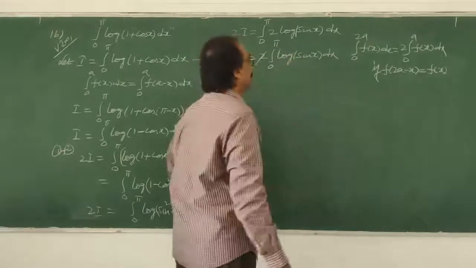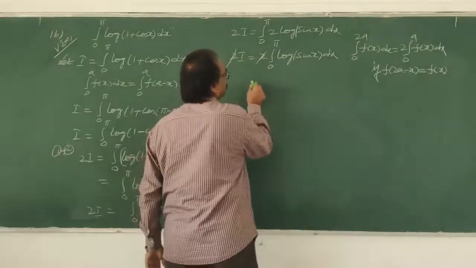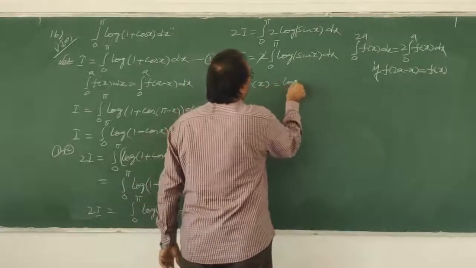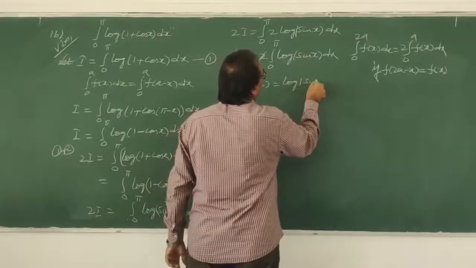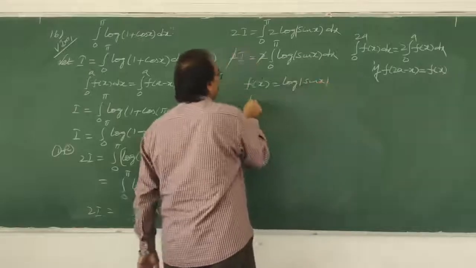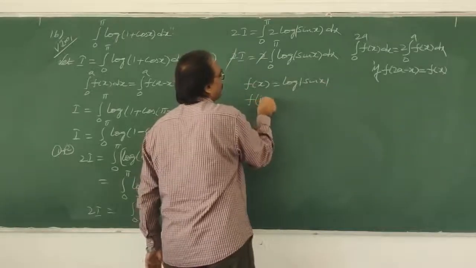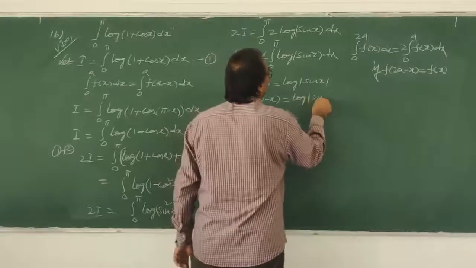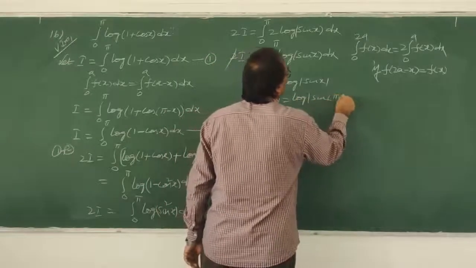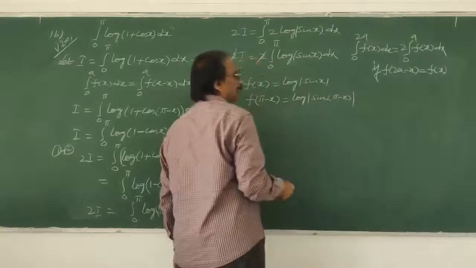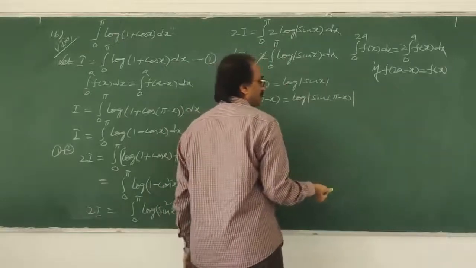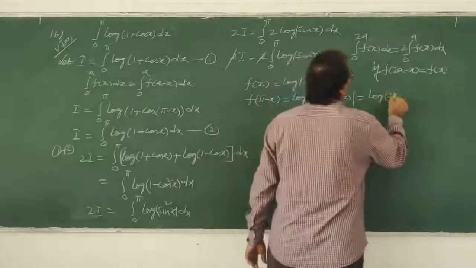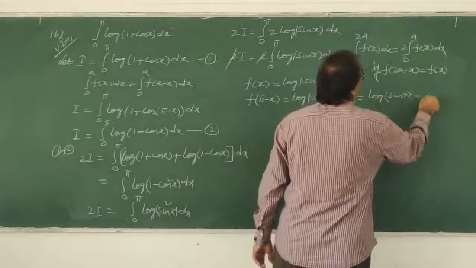So I write here first, f of x is equal to log mod sin x, log sin x or mod sin x doesn't matter. F of 2a minus x means pi minus x, means log mod of sin of pi minus x. Log of sin pi minus x is how much? Sin 180 minus theta is sin theta, that is nothing but log sin x. Log sin x means what? This is nothing but f of x.